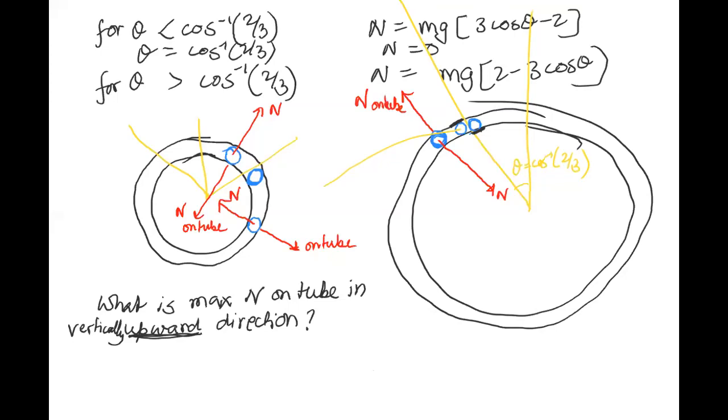देखो, N vertical on tube is equal to 2 into mg into (2 minus 3 cos theta) into cos theta। ये कैसे आया?